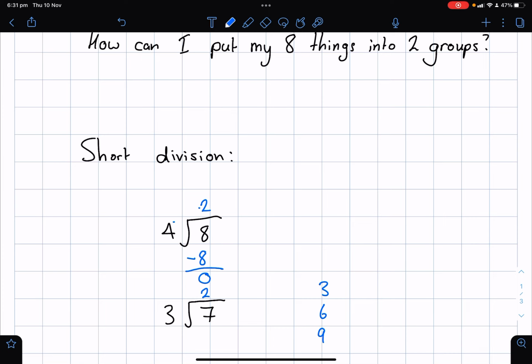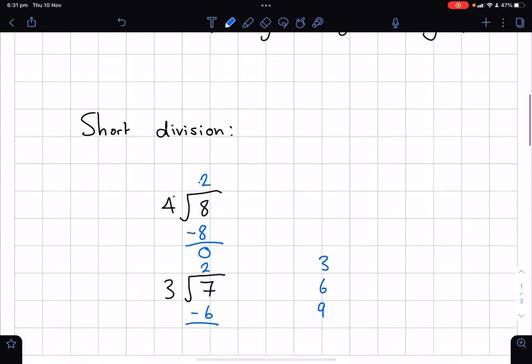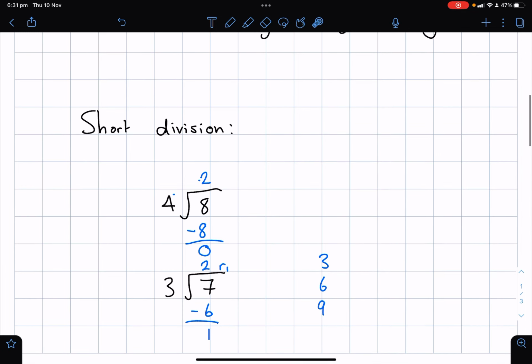Now, 2 times 3 is 6, so we put that under our 7, and we subtract. 7 minus 6 is 1, so this is my remainder here. So we've got 7 divided by 3 is 2, remainder 1, okay? So this idea of short division is what we are going to use to solve our long division, okay?